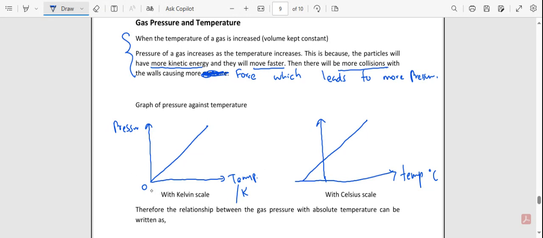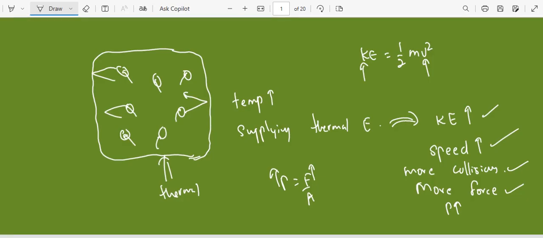We know 0 Celsius means how much in Kelvin? Not just 273, right? We know Celsius plus 273 is equal to Kelvin. So Kelvin is 0 means C plus 273 is 0, then Celsius equals minus 273.